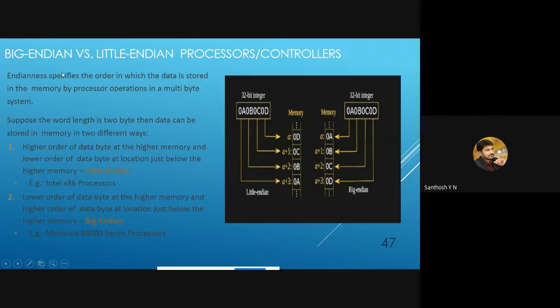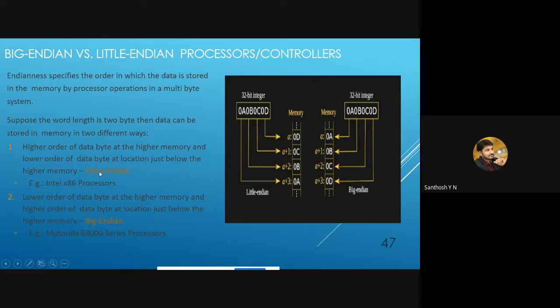So endianness specifies the order in which the data is stored in the memory by the processor in a multi-byte system. Suppose the word length is 2 bytes, then the data can be stored in the memory in two different ways: higher order data byte at the higher memory, and lower order data byte at the location just below the higher memory.